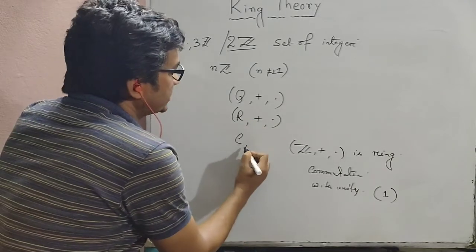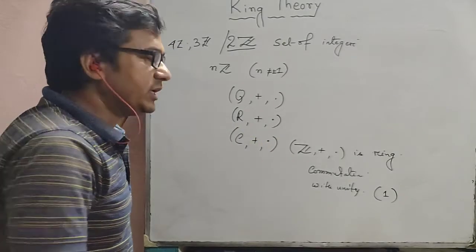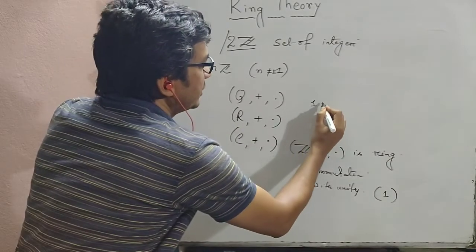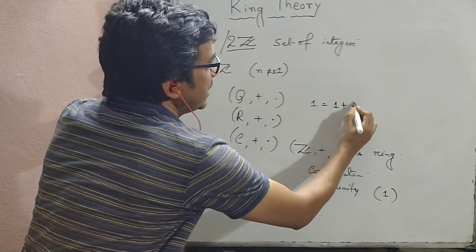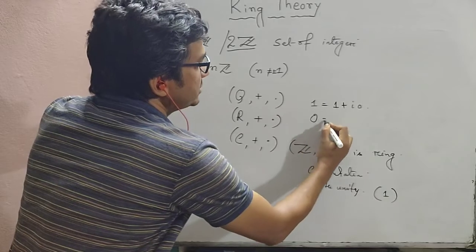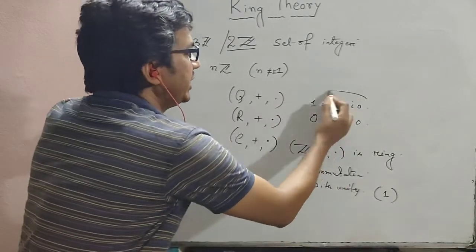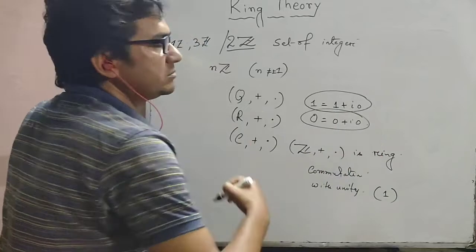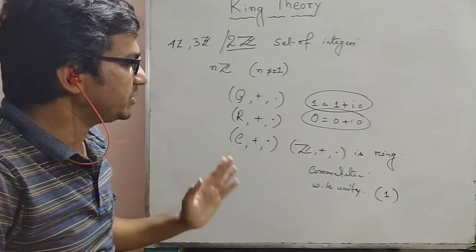The set of complex numbers is the same. Here unity is 1 equal to 1 plus i into 0, and the 0 element is 0 equal to 0 plus i into 0. These are all commutative rings with unity.